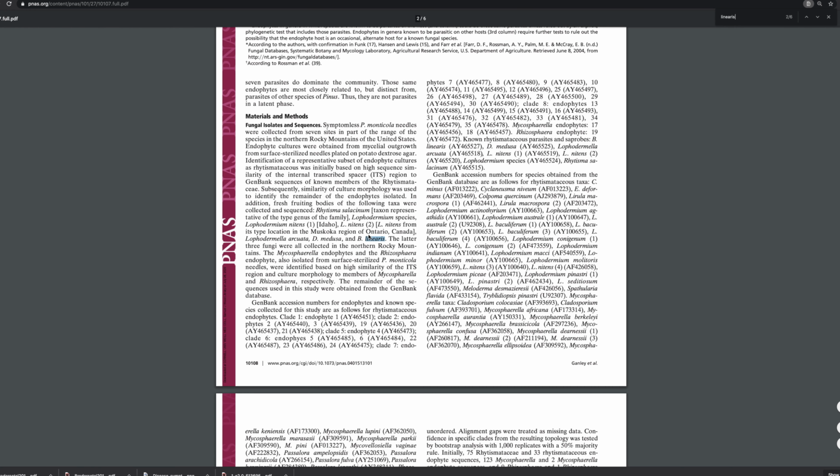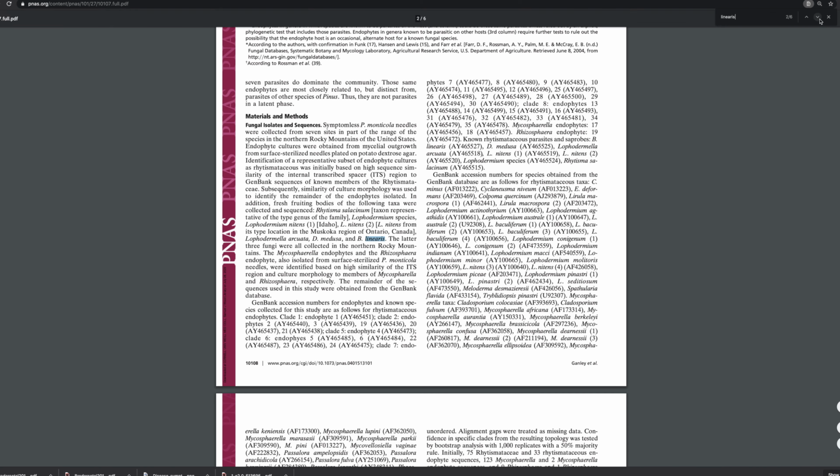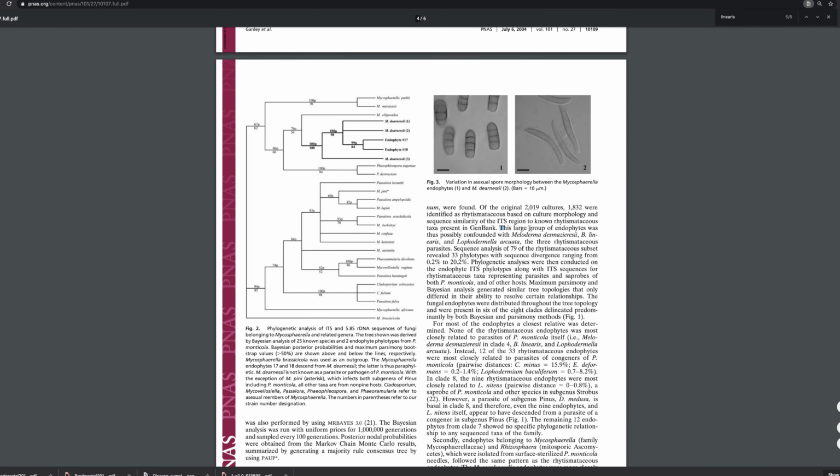So here we have B. linearis. It's talking about our species, on the materials and methods, how they isolated and sequenced this. So here actually they collected the needles of the pine in the United States, and we're gonna go to the next one. Here we have a large group of endophytes.